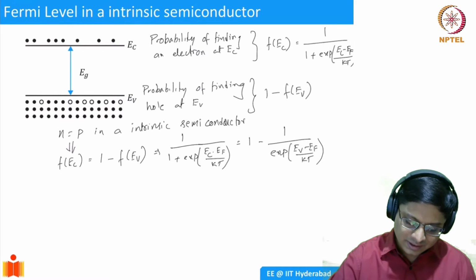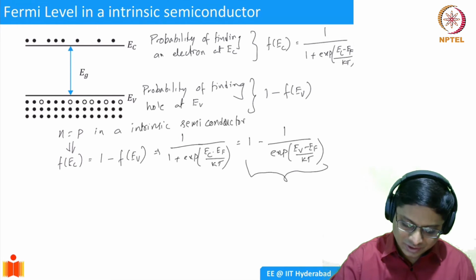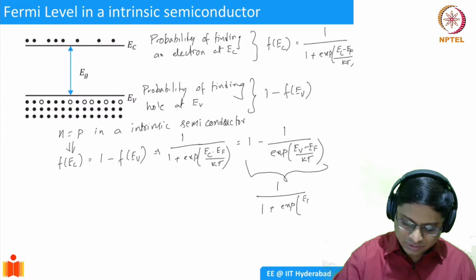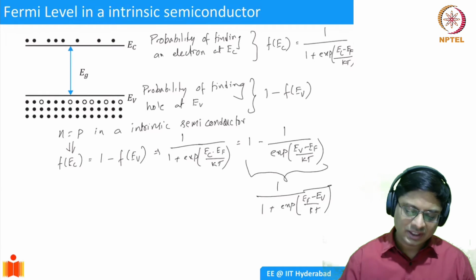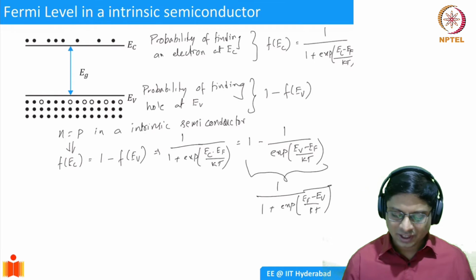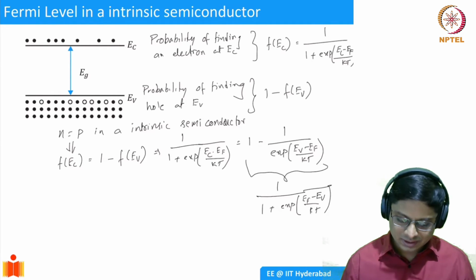So this right hand side can be further simplified, and if you check it out, it will turn out to be 1 over 1 plus exponential of, now we'll just flip the sign here, (EF minus EV) by KT. You can check this. Basically, you just work with the fractions and you will see this immediately. Okay, so this is the expression.